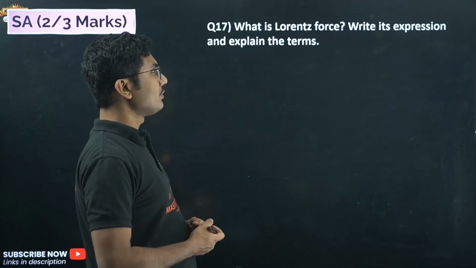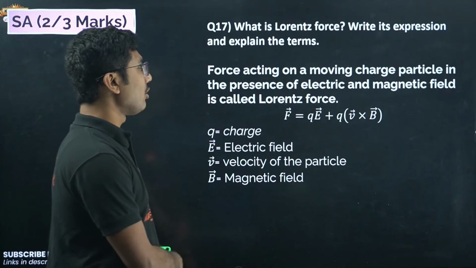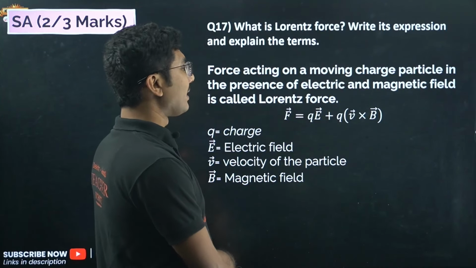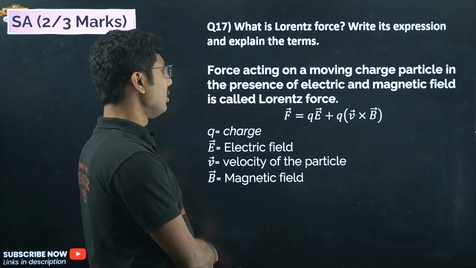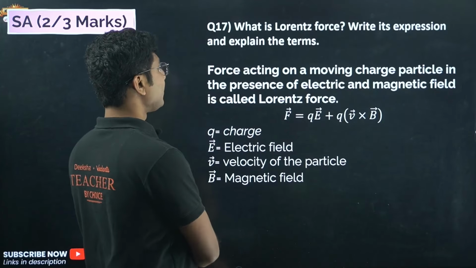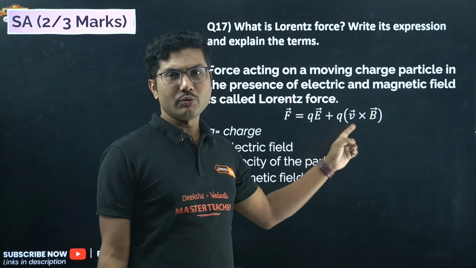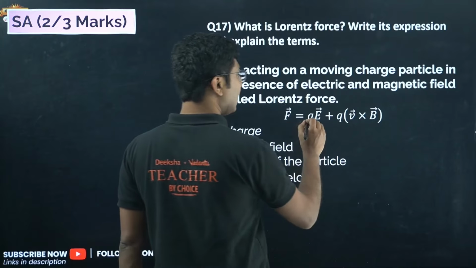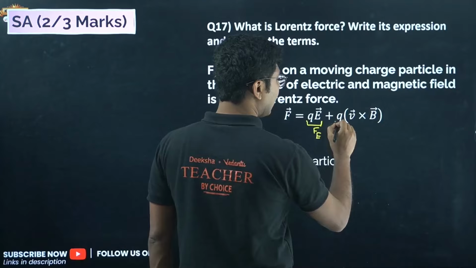What is Lorentz force? Write its expression and explain the terms. The force acting on a moving charged particle in the presence of electric and magnetic field is called Lorentz force. Very important question. Lorentz force is given by qE plus qv cross B. This is the electric force component, and this is the magnetic force component.